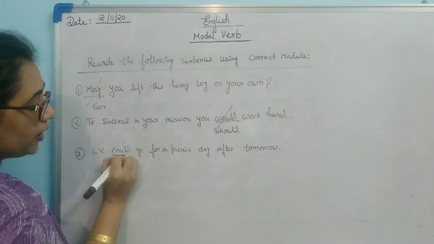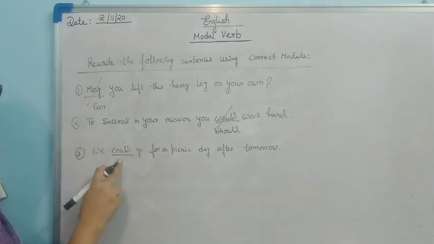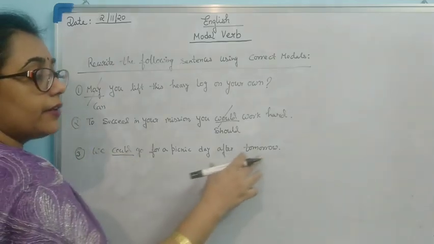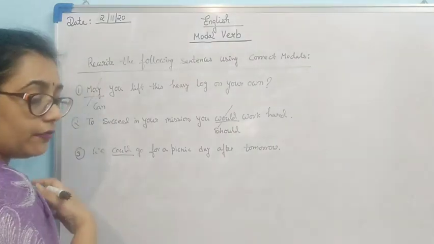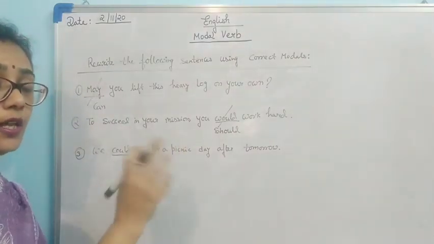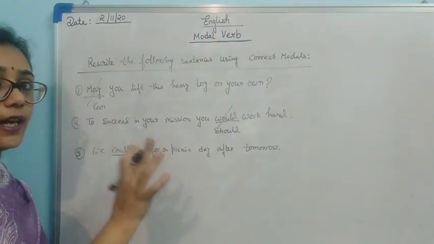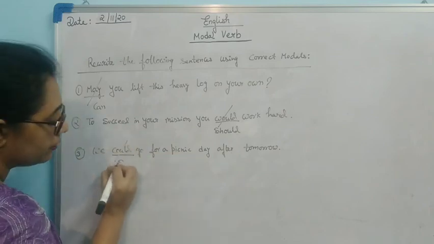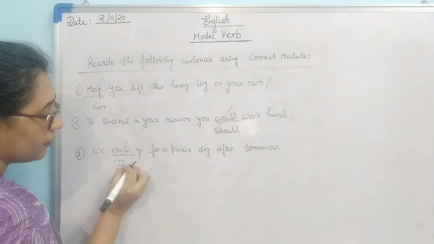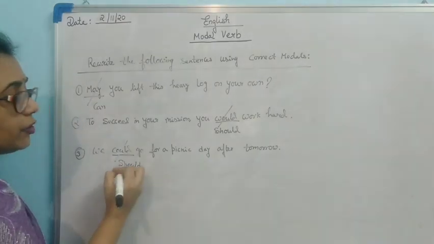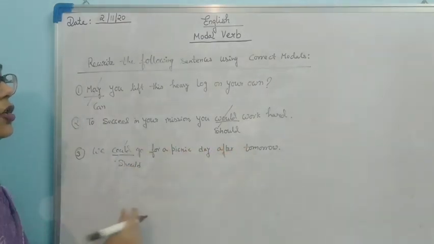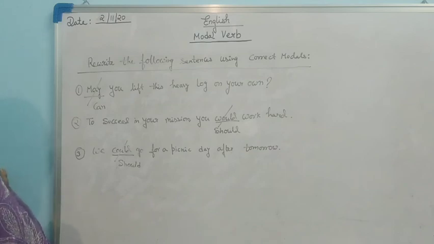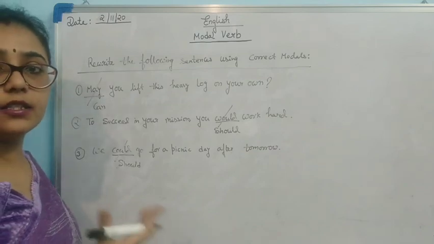Could is the modal used here, but it is not correct because if I am saying day after tomorrow, that means I am sure that we will go. So it will be we should go. We should go for a picnic day after tomorrow. Like this we will solve the exercises further.